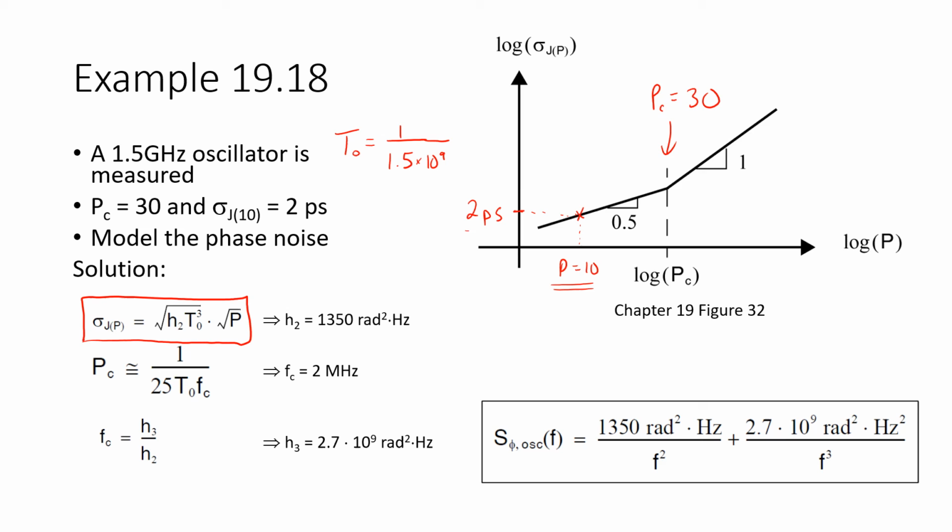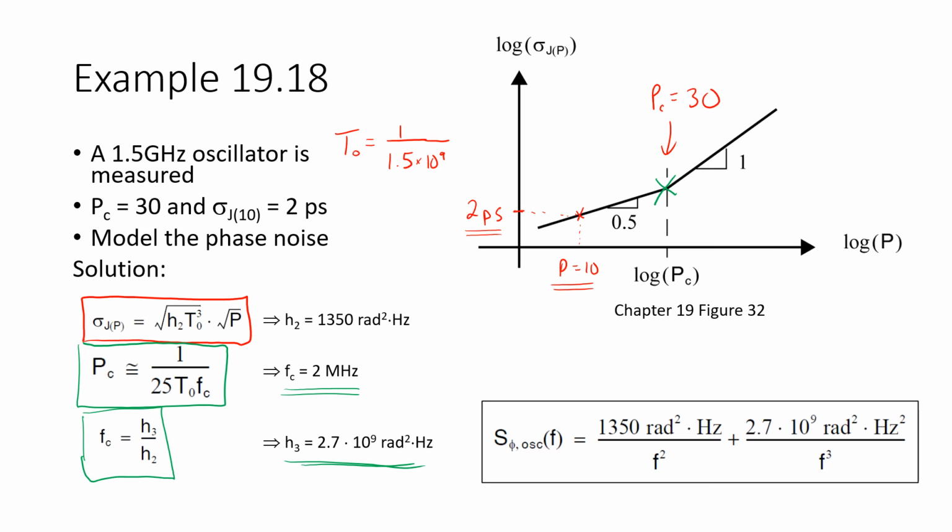We can use P equals 10 and 2 picoseconds, plug it into this expression, and solve for H2. And then we can use the corner point here, plug that in to find the corner frequency FC of the phase noise, and doing so reveals a phase noise corner of 2 megahertz. And then finally, that 2 megahertz is used to relate H2 and H3, and so from that we find H3.